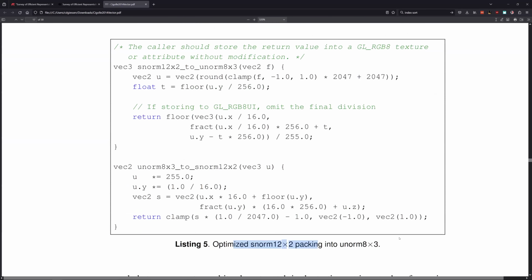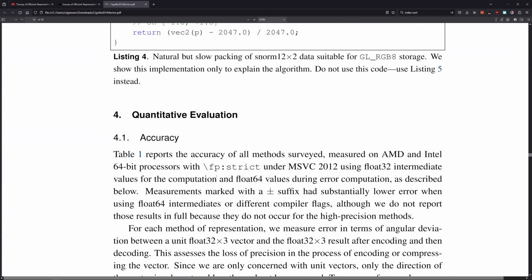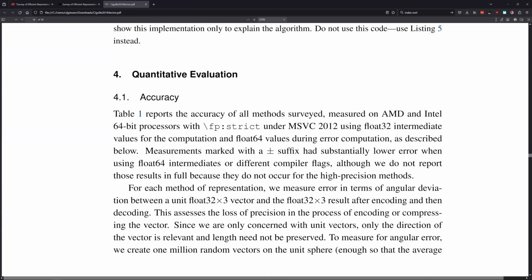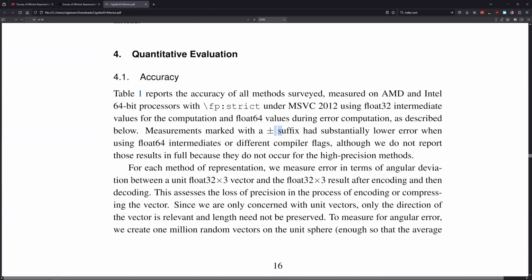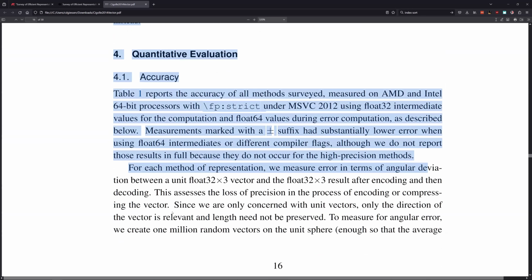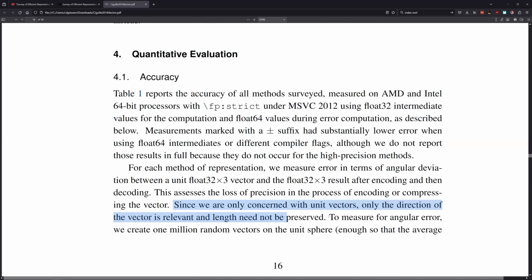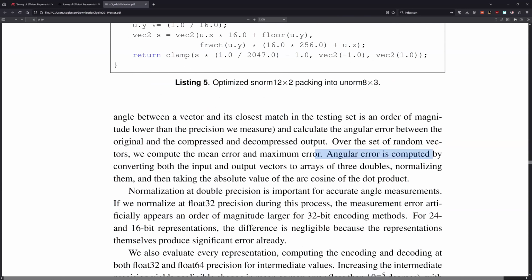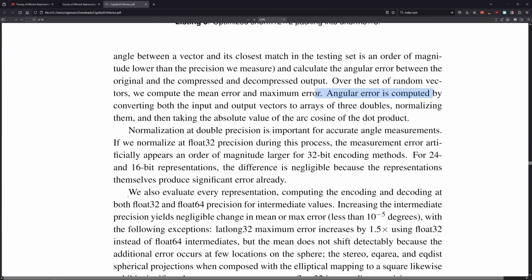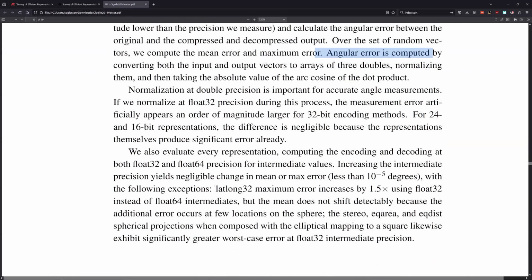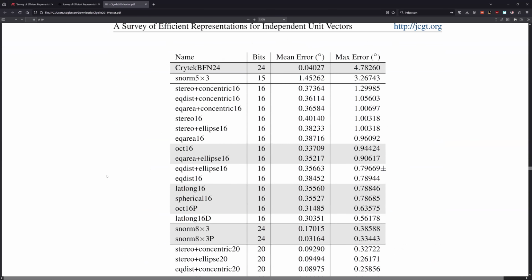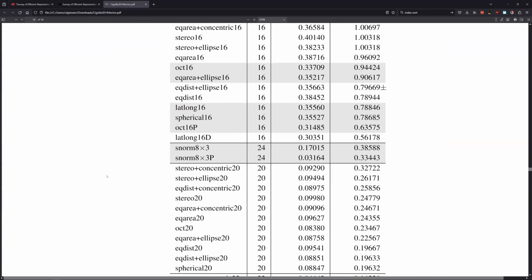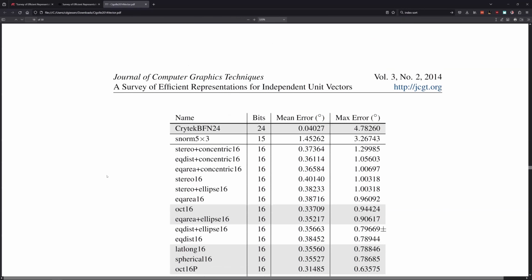Listing 5 is the optimized one. They are thorough.